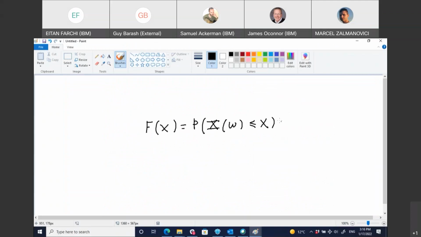And if you have a density function, that would be the integral from minus infinity to x of the density function.